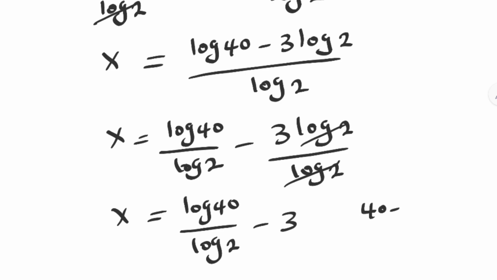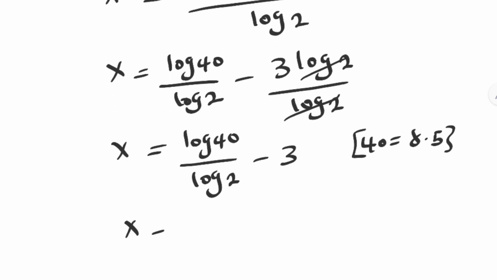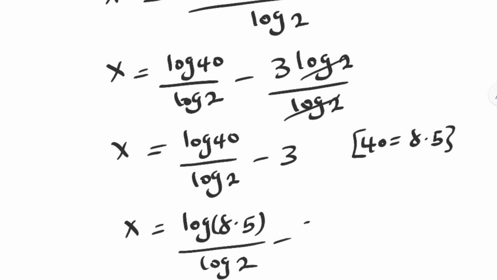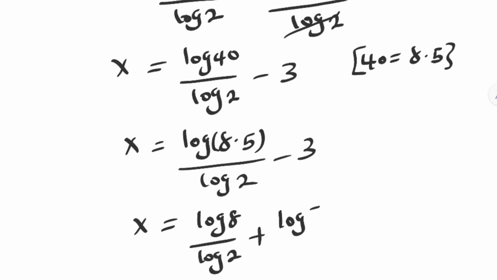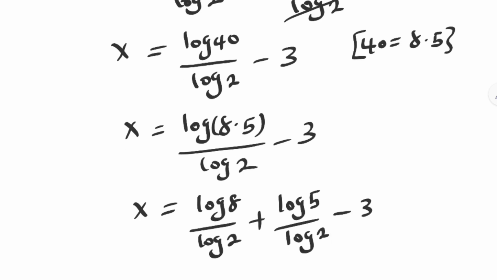But 40 is equal to 8 multiplied by 5. x is equal to log 8 multiplied by 5 over log 2 minus 3. x is equal to log 8 over log 2 plus log 5 over log 2 minus 3.